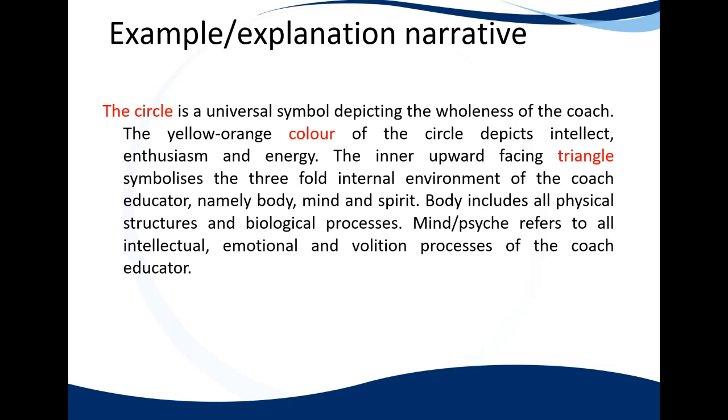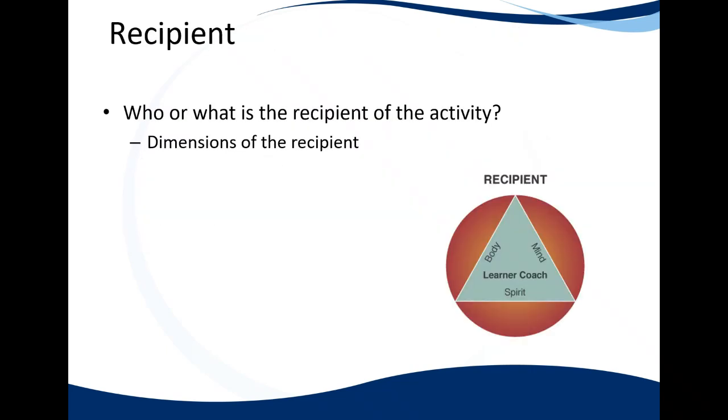The yellow-orange color of the circle depicts intellect, enthusiasm, energy. The upward facing triangle symbolizes the threefold internal environment of the coach educator, namely body, mind, and spirit. The body includes the physical structures and biological processes, whereas the mind, the psyche, refers to intellectual, emotional, and volition processes of the coach. So there's the narrative around the agent.